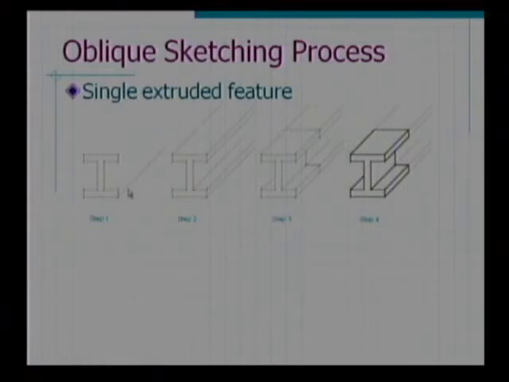Then we draw a line representing that receding axis. And then we just add additional lines parallel to that first receding line, and then we close it off somehow to terminate the depth dimension, and finally we go bold and darken it up. So you can see it's a fairly easy process to generate an oblique sketch.